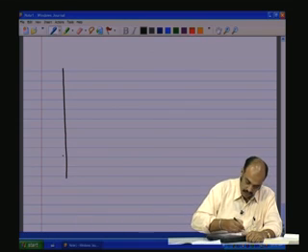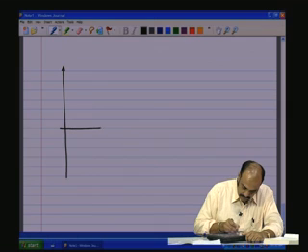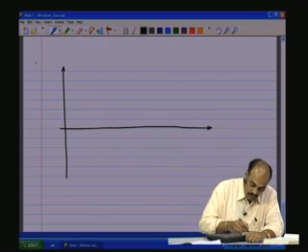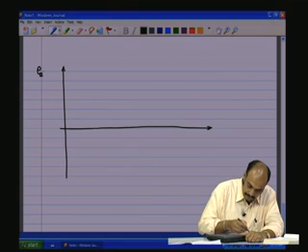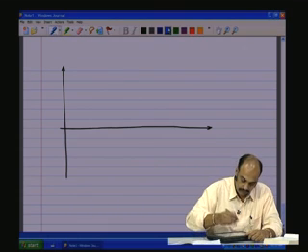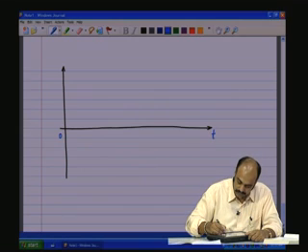So, we draw the 3 phase voltages EA, now we start from 0, this is the time t.